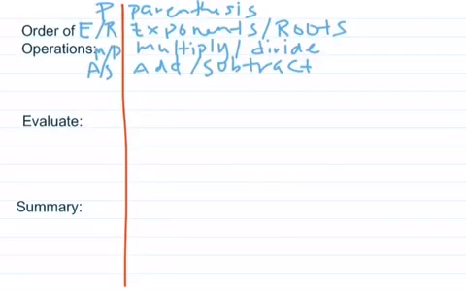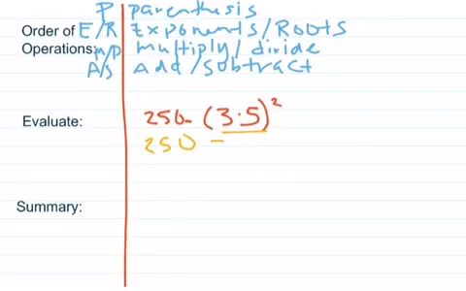So let's try one. Okay, 250 minus 3 times, we're going to use that dot for multiplication, times 5 squared. So first step is my parentheses. So now I have 250 minus 15 squared.